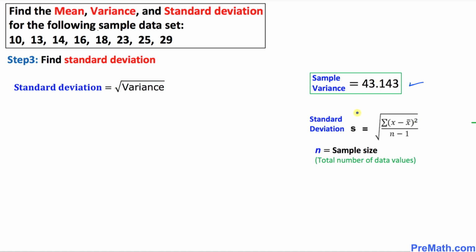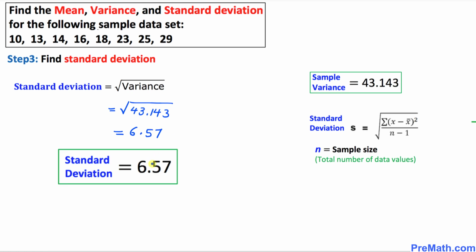Let's go ahead and figure out the standard deviation, which is equal to the square root of our sample variance value, 43.143. Let's take a square root of this. That is going to be 6.57. And thus our standard deviation turns out to be 6.57, and that is our final answer.